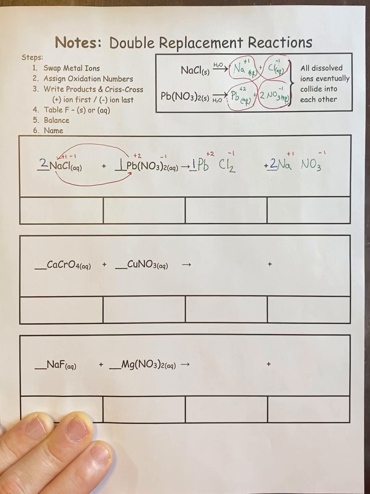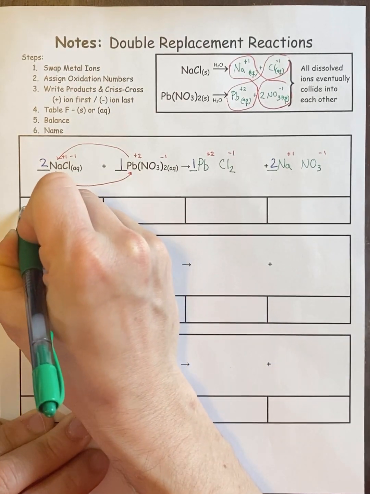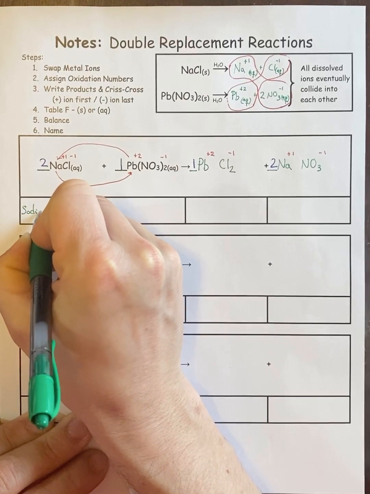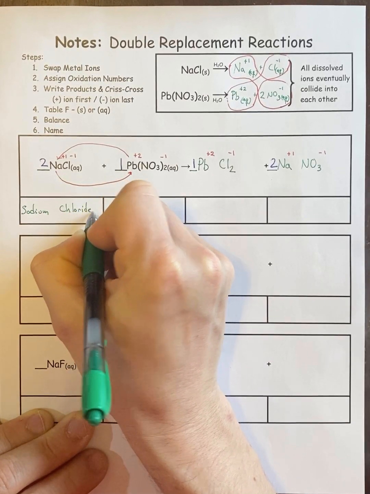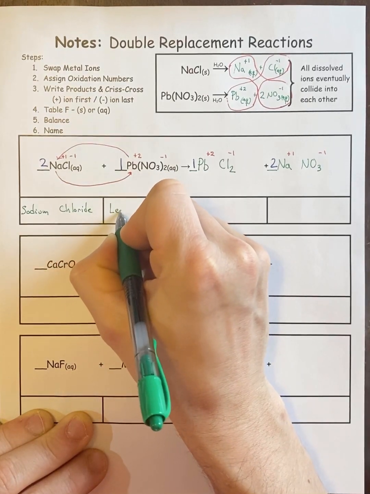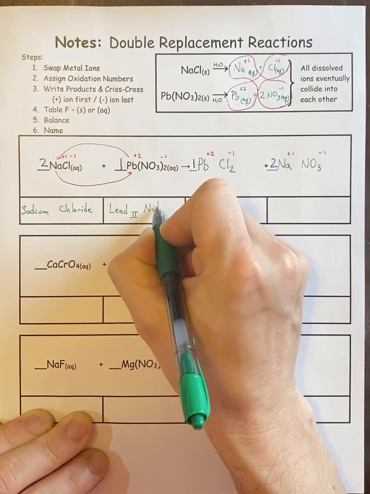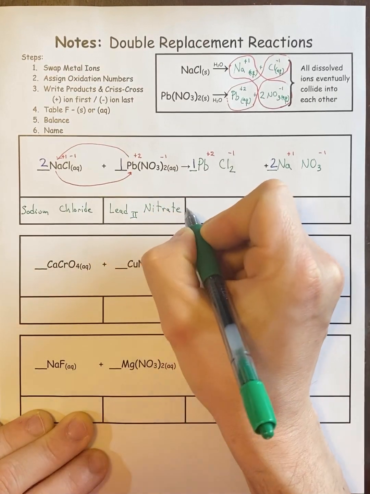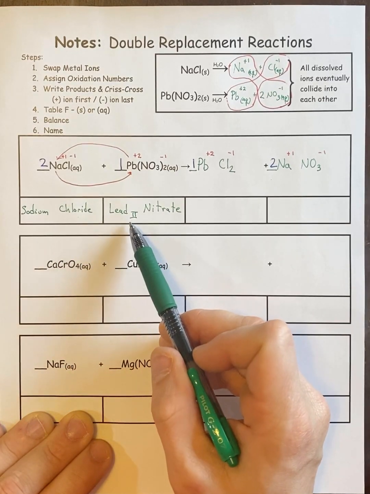The next step is going to be to name them. A lot of people will have to review this. The names are going to be sodium chloride, lead 2 nitrate. Now, a couple things as far as why does lead have a Roman numeral?